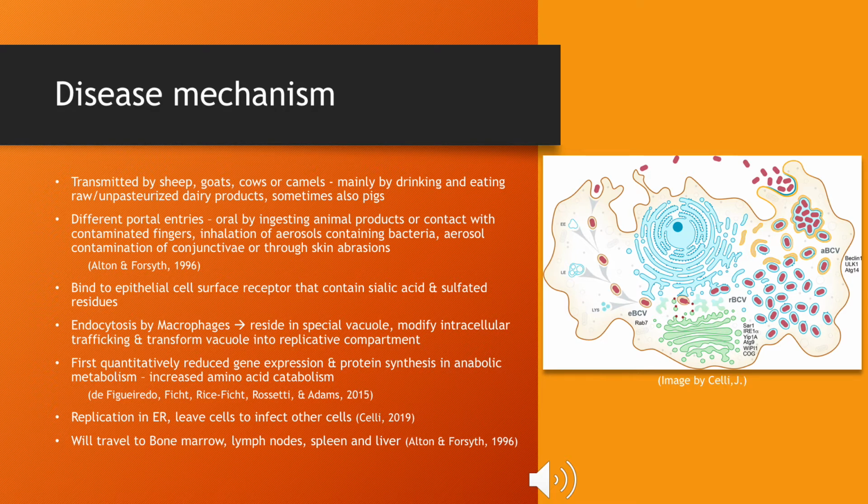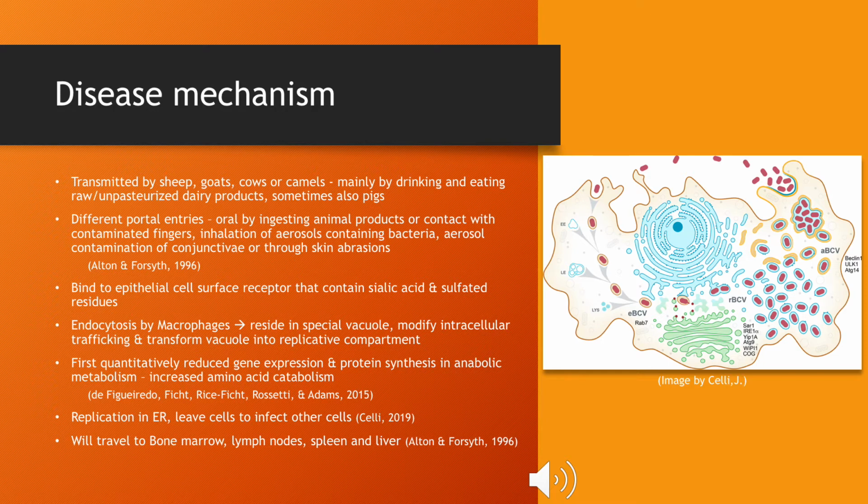First it quantitatively reduces gene expression and protein synthesis in anabolic metabolism, and it has an increased amino acid catabolism. Its replication happens in the ER, and then it leaves the cell to infect other cells.